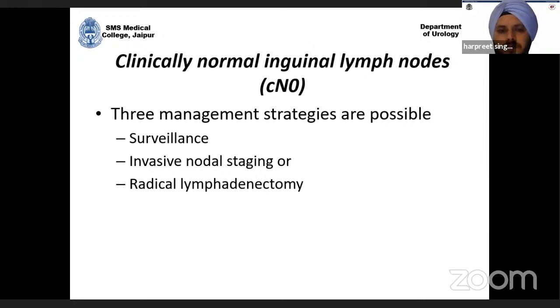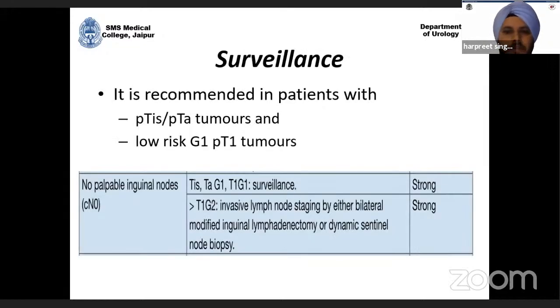So in the low risk patients, that is carcinoma in situ, localized non-invasive, and T1 G1 cases, the patient can be offered surveillance. The EAU recommends surveillance for non-palpable inguinal lymph nodes in T1 G1.